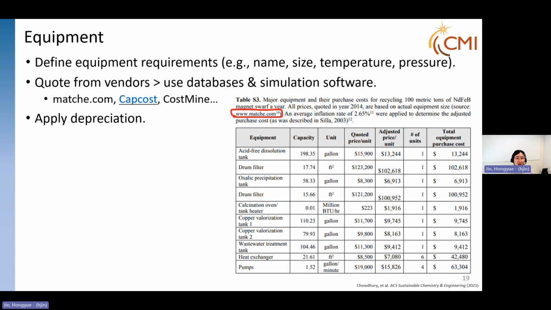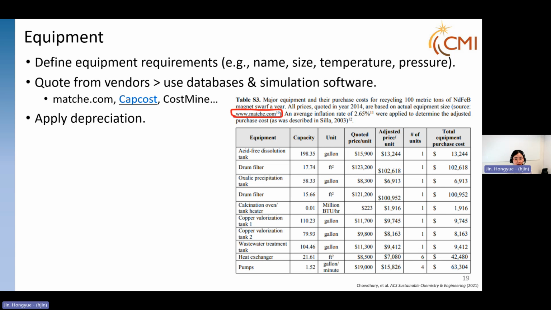And then we could use databases or simulation software. Some examples are shown here: Matche.com, CapCost, CostMine, etc. Coming back to our earlier discussion of TRL, at the early TRL, we may use these databases, but as we define the technology to a higher level, we want to use more of the vendor's quote.